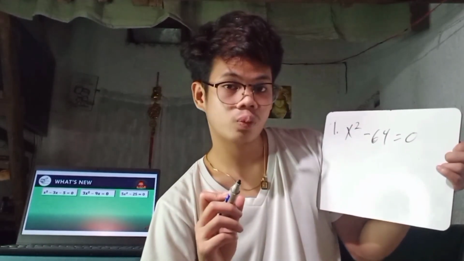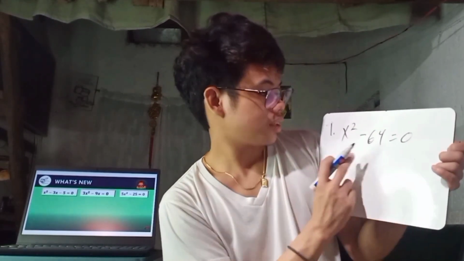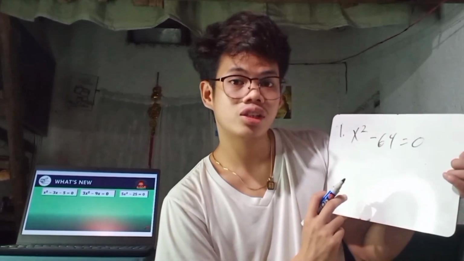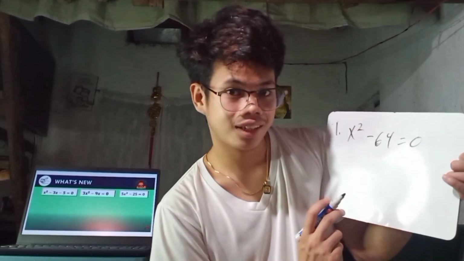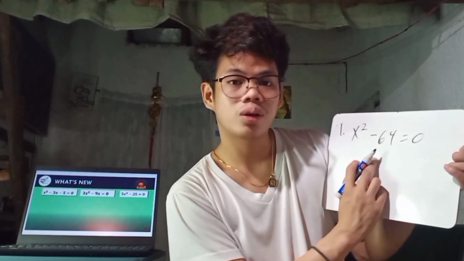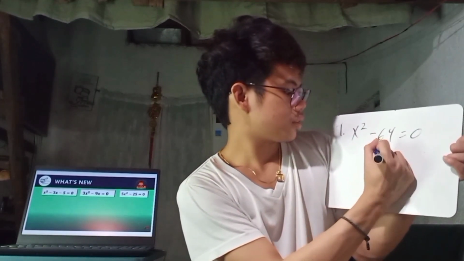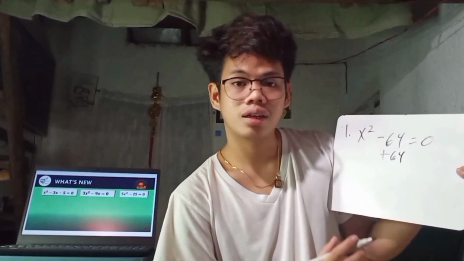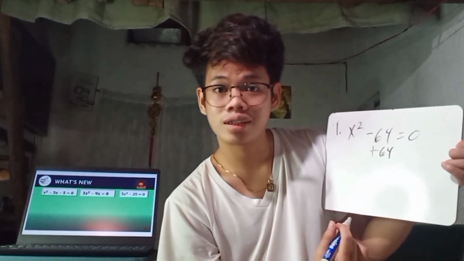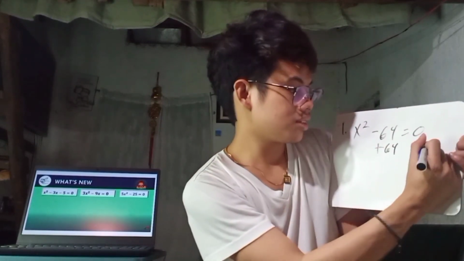First step, we need to eliminate this by applying the addition property of equality. In order to eliminate it, we need to add 64, and kung anong ginawa natin sa right side, ganoon din yung gagawin natin sa left side. Add 64.